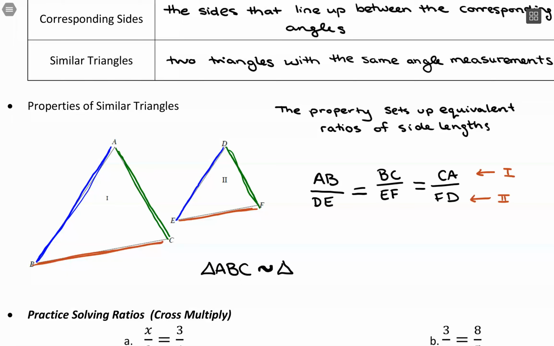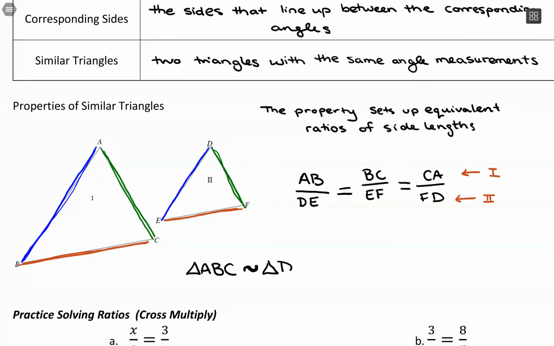And then where I wrote the notation for the first one, just ABC, how I write the second triangle is very important in that you want to write it in terms of corresponding angles. So like I wrote A first, so D would have to be first. I wrote B second, and that corresponds to E. I wrote C third, and that corresponds with F. It would absolutely have to be in that order.